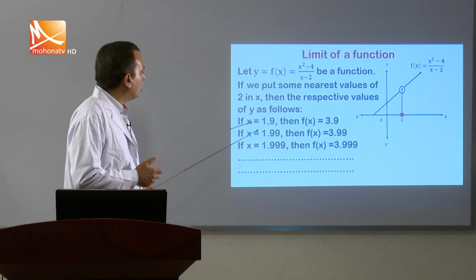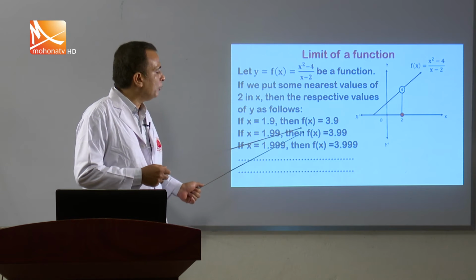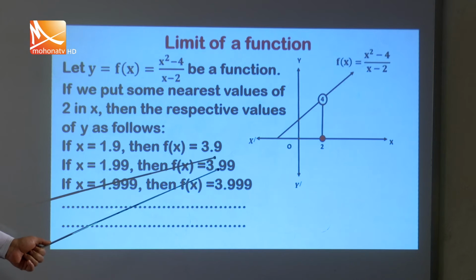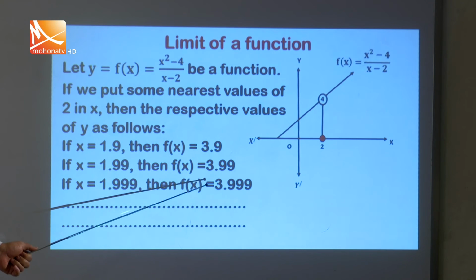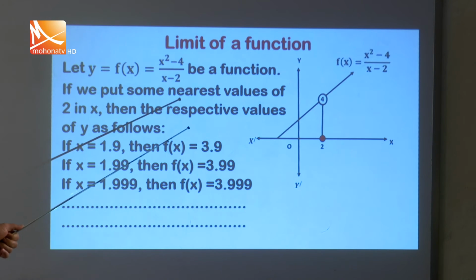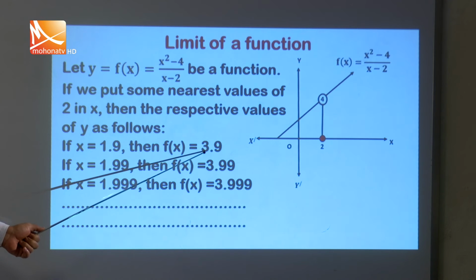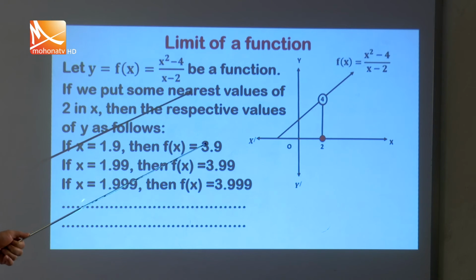If x equals 1.99, then f(x) is 3.99. If x equals 1.999, then f(x) is 3.999. You can see that 3.9, 3.99, 3.999, these values are approximately 4.